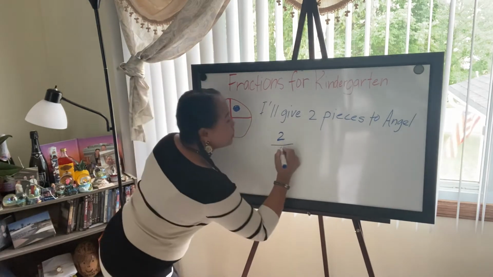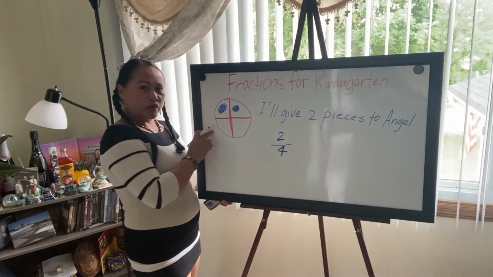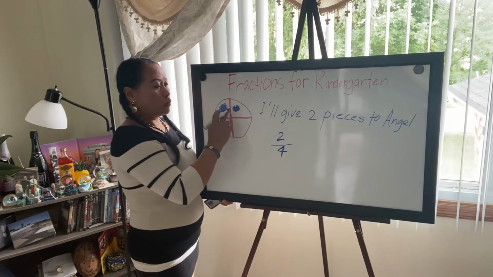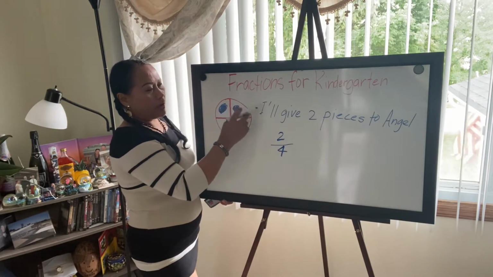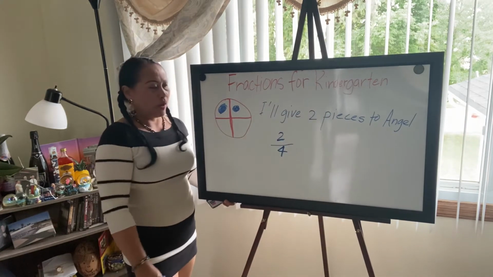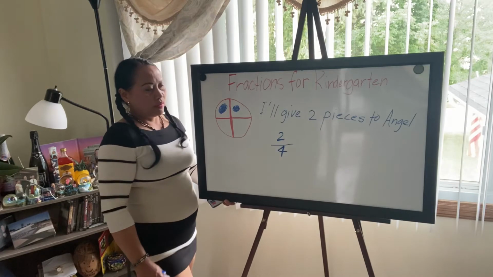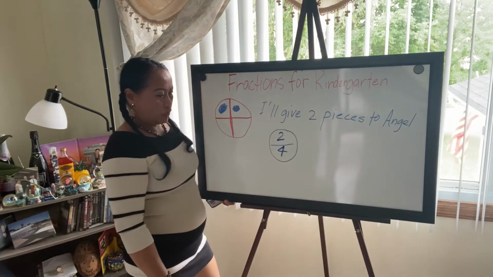There are 4. So now the fraction is 2 over 4. The shaded part, I gave 2 pieces to Angel. So now, this is our fraction, 2 over 4.